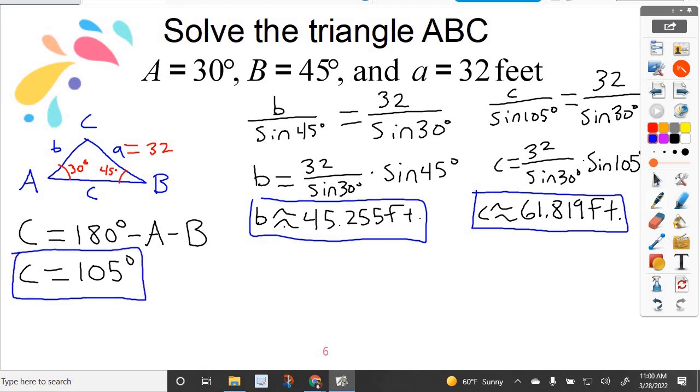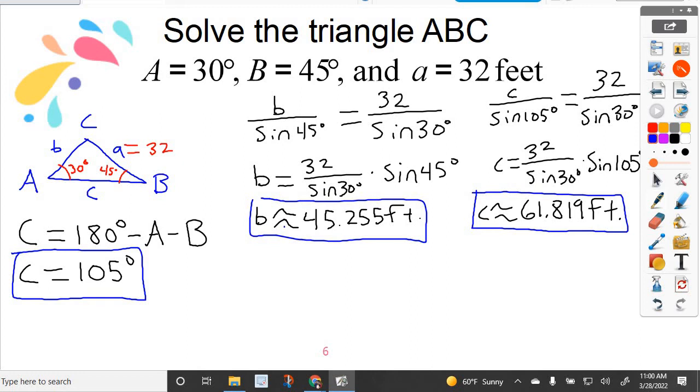Yes? So like I said, on both of these, we were looking for a missing side, or we found the other angle because we were given two angles. Tomorrow, we're going to look at how to find an angle using our law of sines instead.